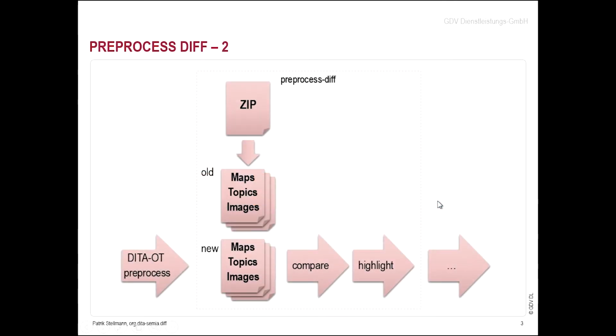Looking at it in a little more detail, after the DITA-OT preprocessing step, you need to provide the URL to your zip file. This file will be unzipped, possibly with some filtering, and then my compare takes place, and then highlighting.